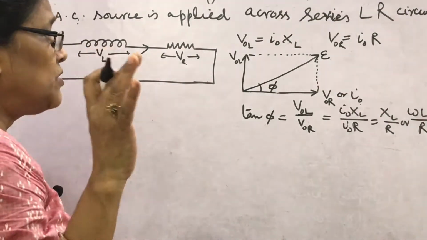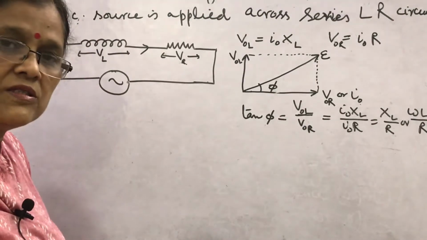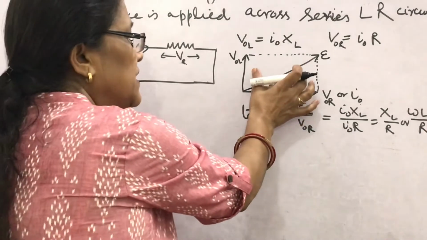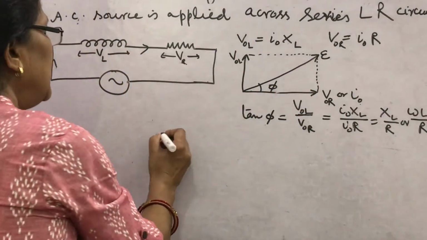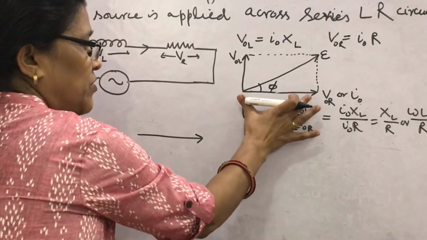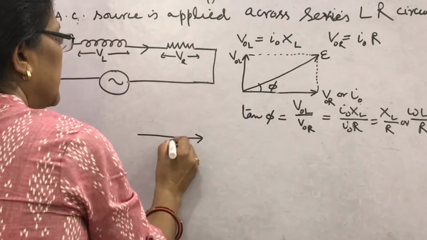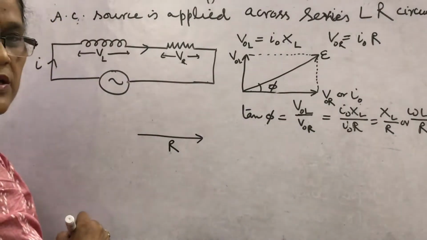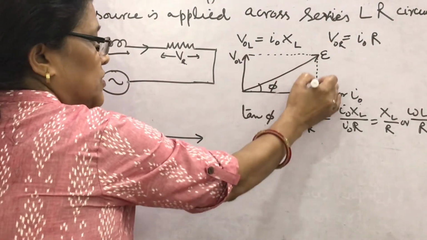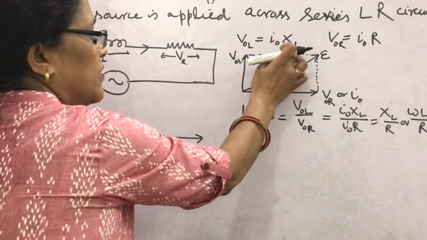Now in the case of combined hindrance, suppose you are told to find the combined hindrance. What will you do? From this phasor diagram you can simply draw this VR vector, then omit I and draw only R, you write here only the resistance part. Similarly, this vector is V naught L, which is I naught XL; omit I naught and draw only XL.